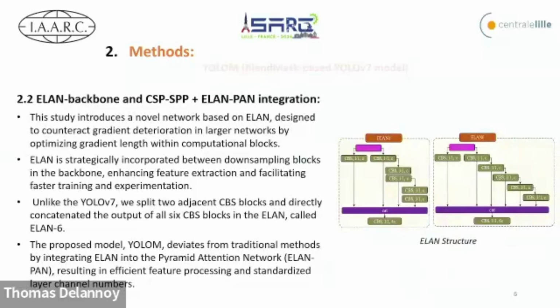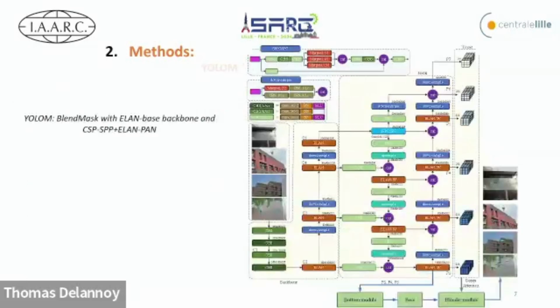And here is our YOLO-M. We introduce a network based on ELAN designed to counteract gradient deterioration in larger networks by optimizing gradient length with computational blocks. ELAN is strategically incorporated between downsampling blocks in the backbone, enhancing the feature extraction and facilitating faster training and experimentation. Please refer to our framework.